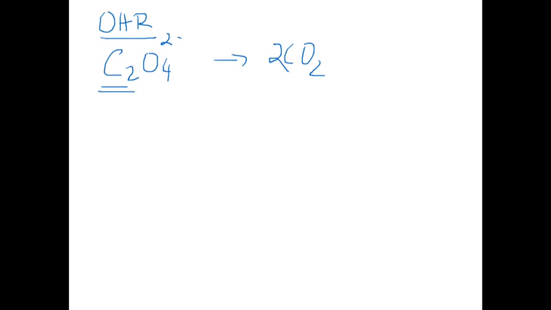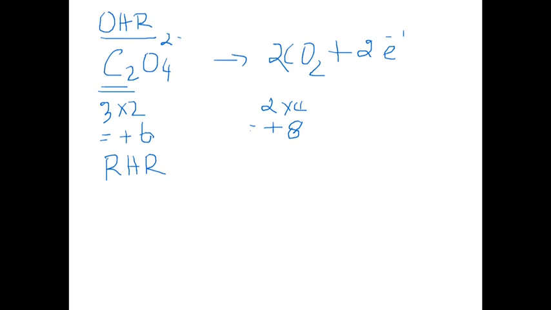So the oxidation number for one carbon atom is 3, therefore 3 times 2 is plus 6. And now in the product side, 2 times 4 is plus 8, which means when 2 carbon atoms in oxalate change to 2 molecules of carbon dioxide, it gives away 2 moles of electrons. So we have balanced the oxidation half reaction in terms of the number of electrons that are lost.